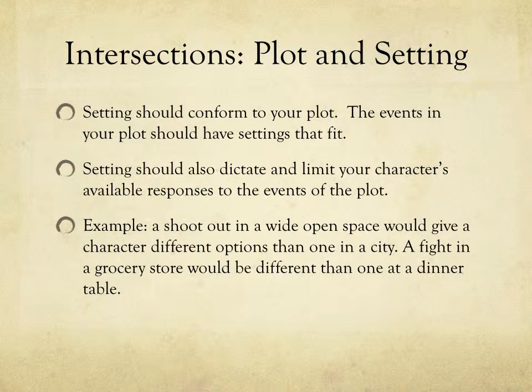Just think about that as your events are unfolding for your plot, especially during the quest portion, because there's so much that should happen there, and if you're in the same setting over and over and over, it's going to start to feel stale. So you really want to vary those settings to make sure that you vary the tension and the emotional response to the events.